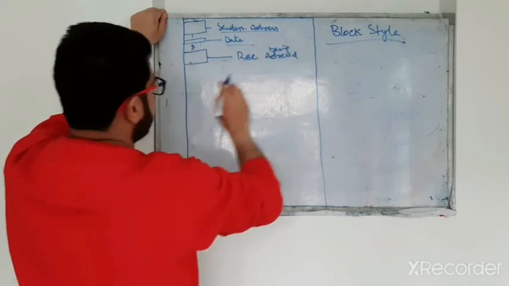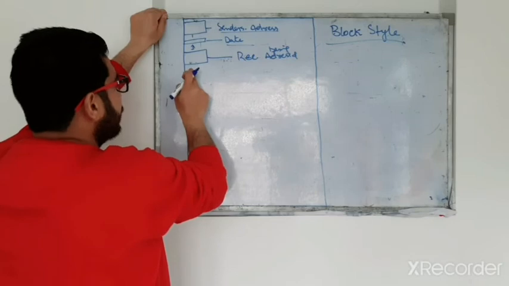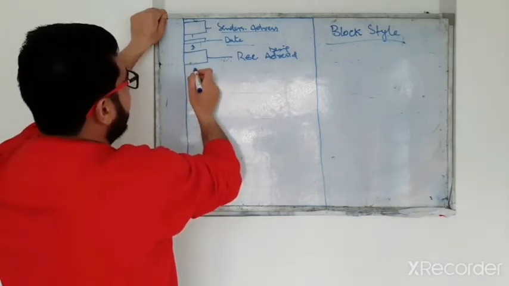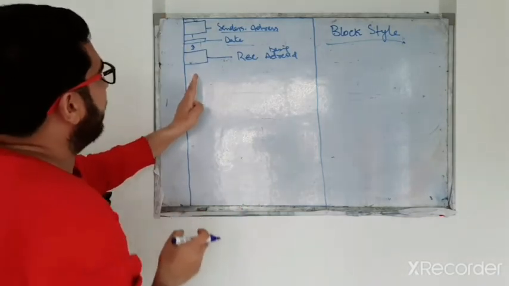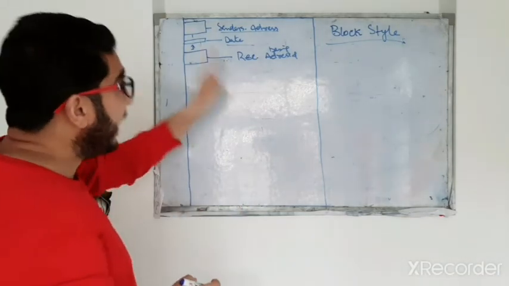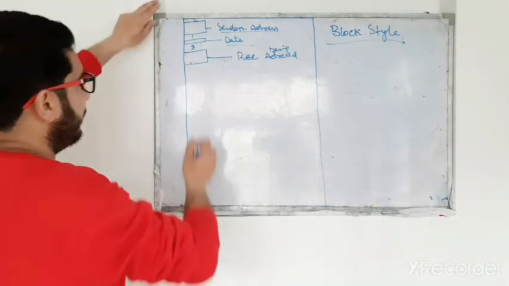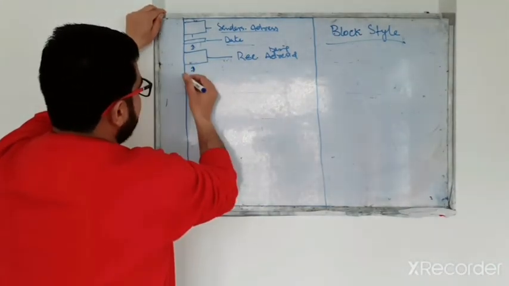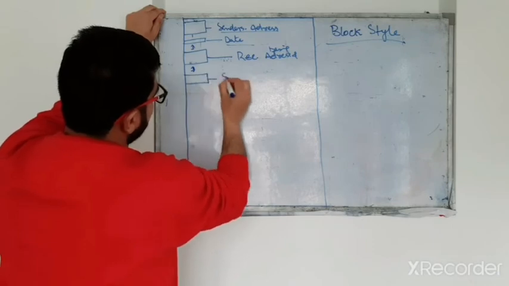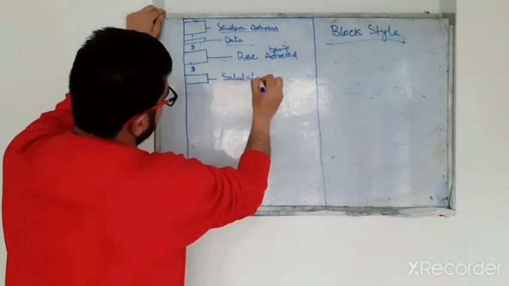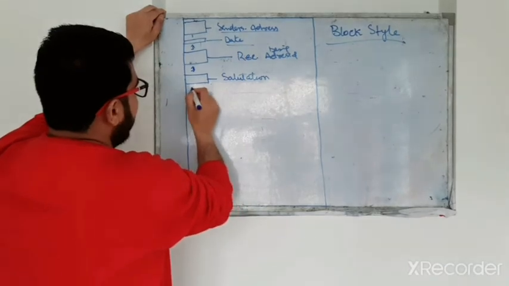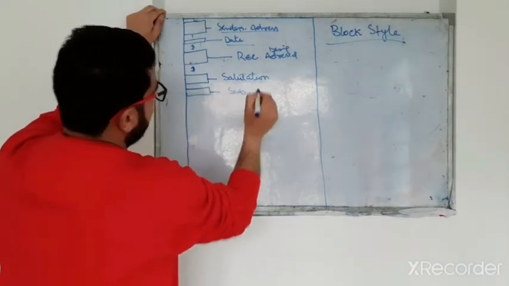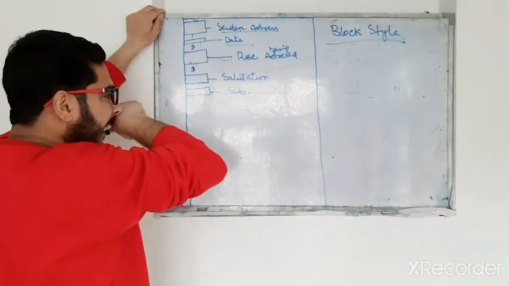And this also we shall write from the left side. In block style, every element is aligned to the left margin. Then again space, then the salutation, or greeting. Then we write the subject line, and then the body.